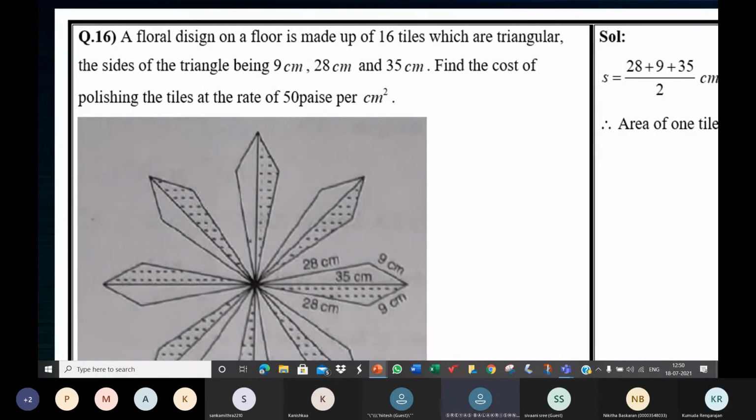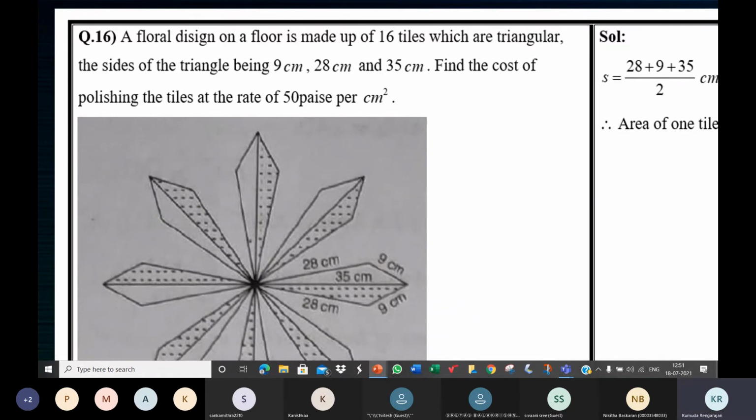Ma'am, I got 36 root 3, ma'am. I got 36 root 6, ma'am. Yeah, we must check that answer so that you can proceed.